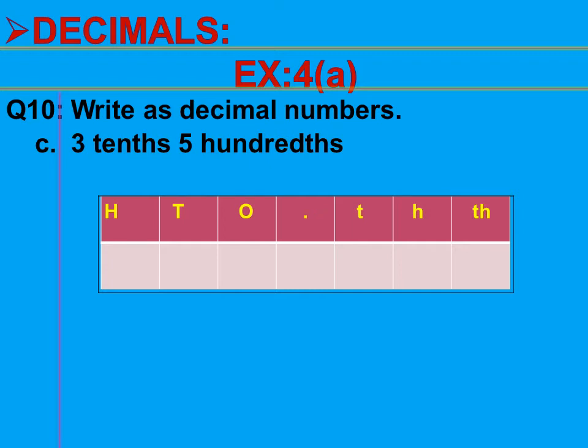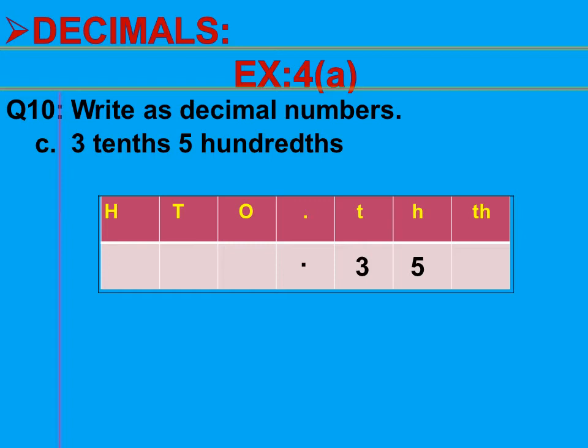After making the place value chart, first we will write the decimal point in the column of decimal. Then we will write 3 in the column of tenths. After that we will write 5 in the column of hundredths.